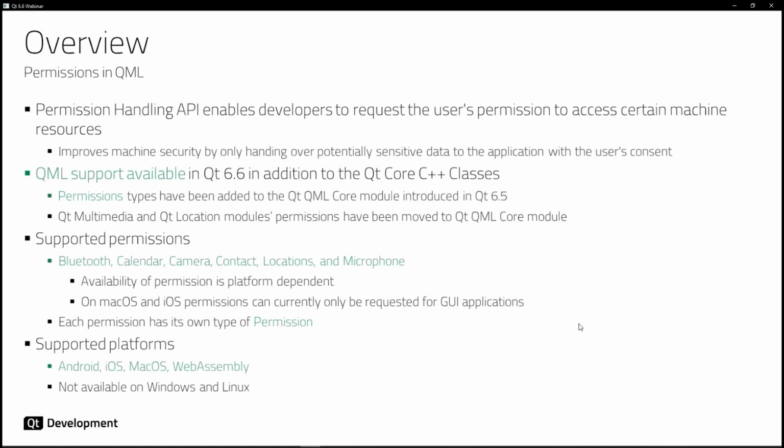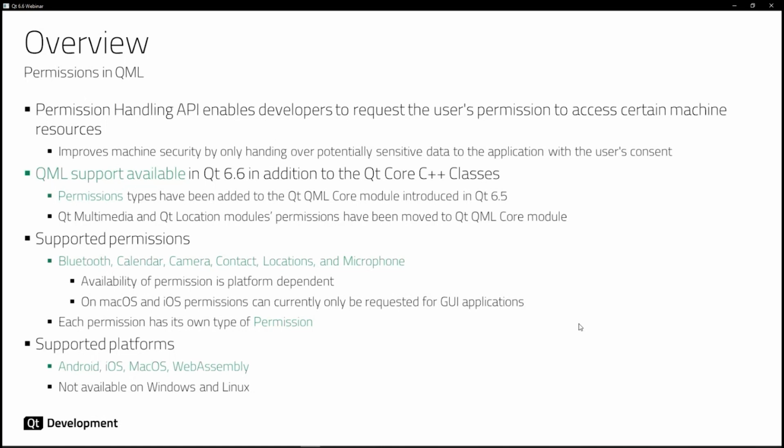So in Qt 6.6, what has been added is QML support. Some permission types, so some QML types, have been added to the Qt QML core module, and this module was introduced in Qt 6.5.